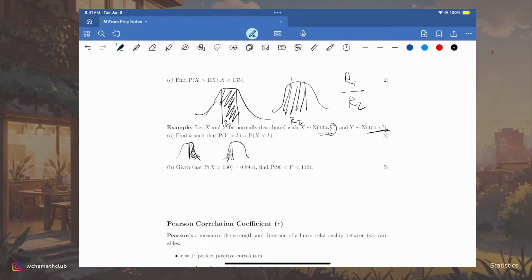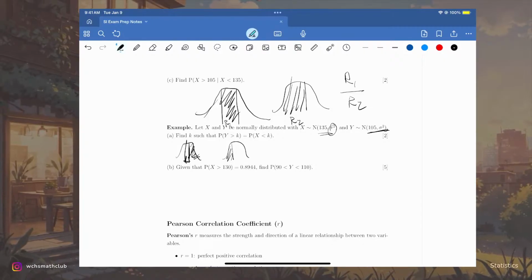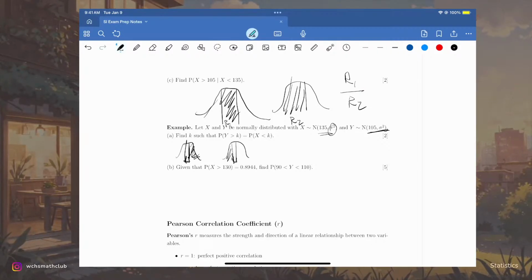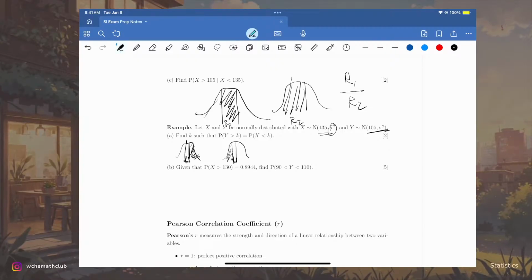If they were to be the same, we'd see that the Z-score, if this were the mean, this Z-score would be the same as this Z-score. And the reason this works is because the normal distribution is both symmetrical and because the areas are always the same. So let's write out our system of equations, although it's only really one equation.